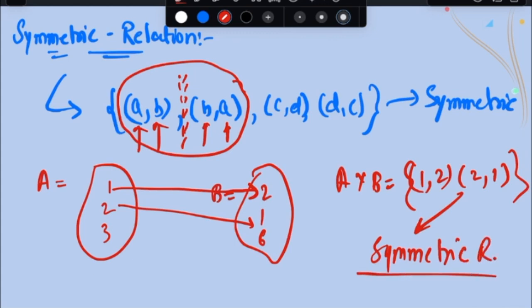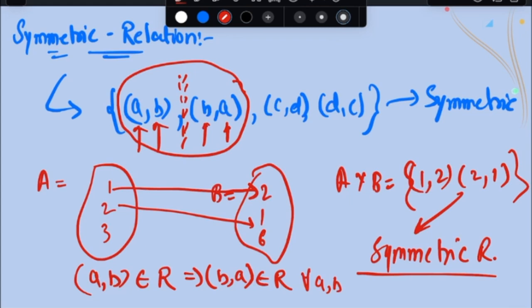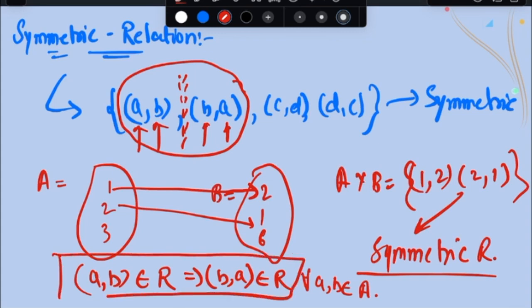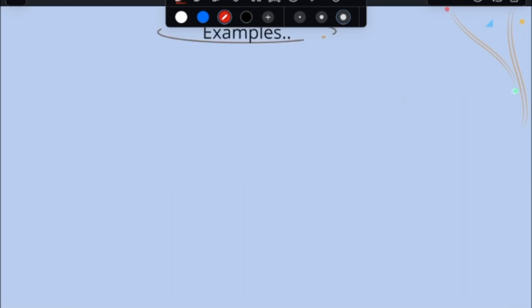If A comma B belongs to the relation R, this implies B comma A also belongs to the relation R. In such relations, if A comma B belongs to the relation, then B comma A must belong to the relation.